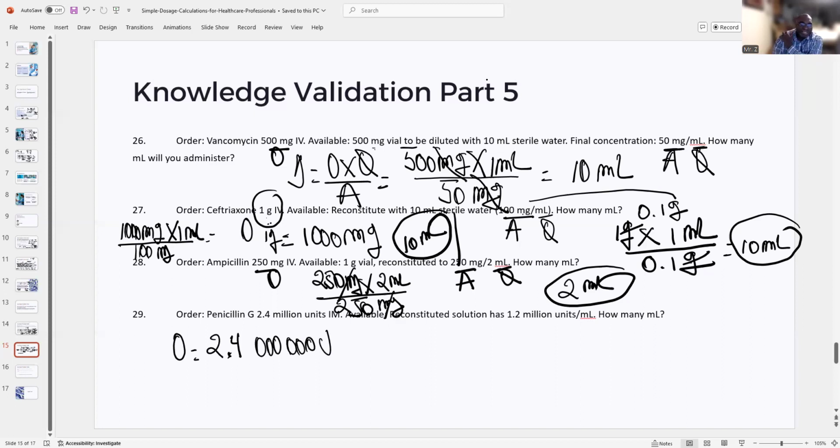Anytime your medication is expressed in units or milliequivalents, you're not going to worry about that too much. So now your available. Your quantity is 1 milliliter, and your available is 1.2 million units.